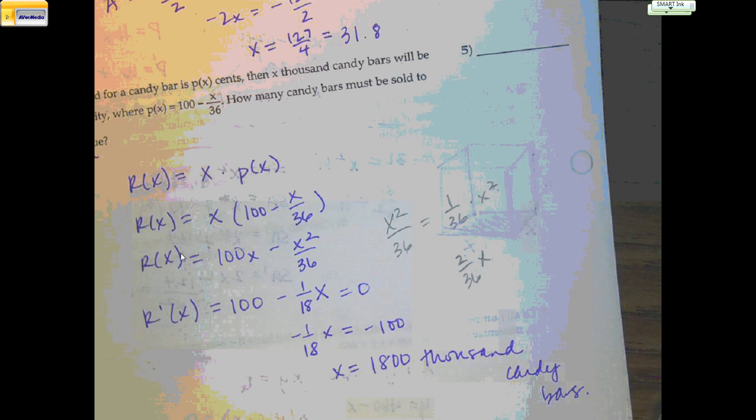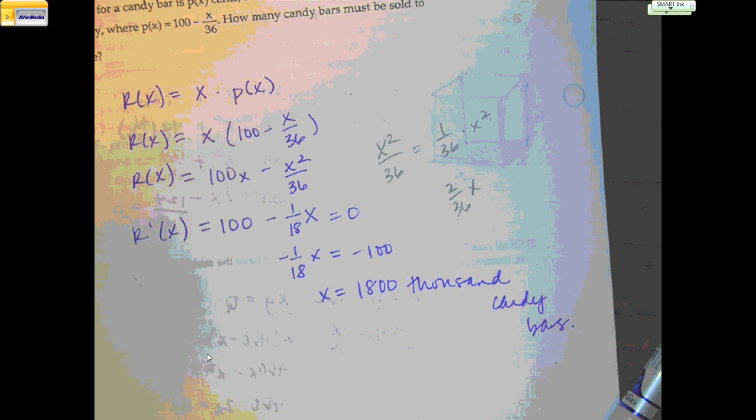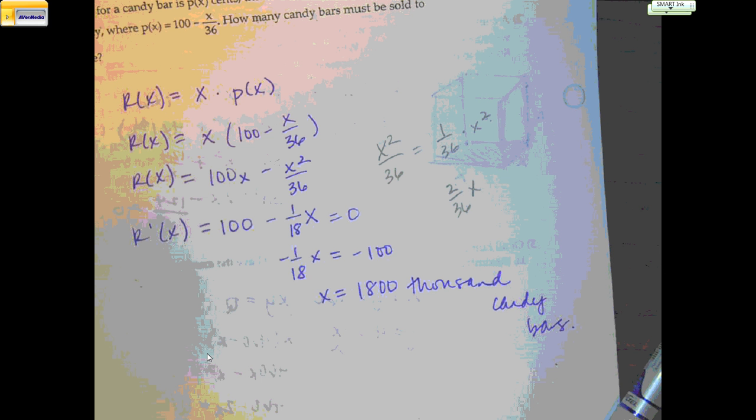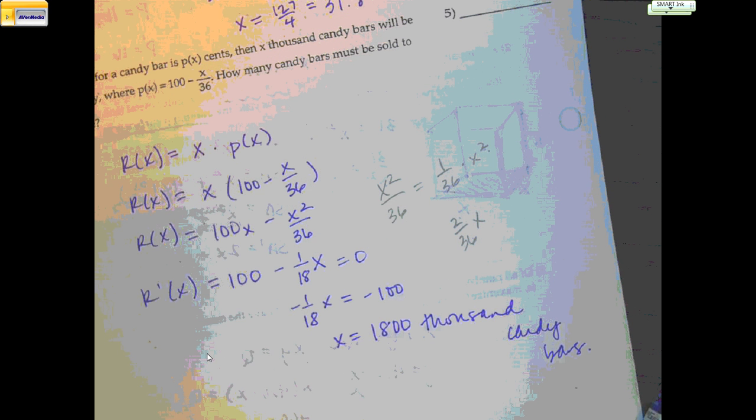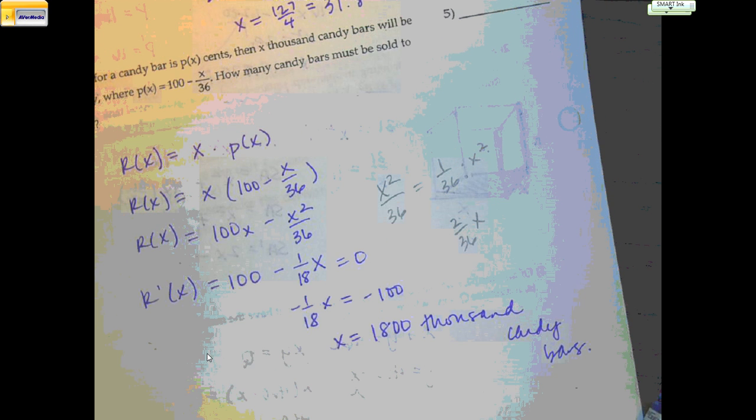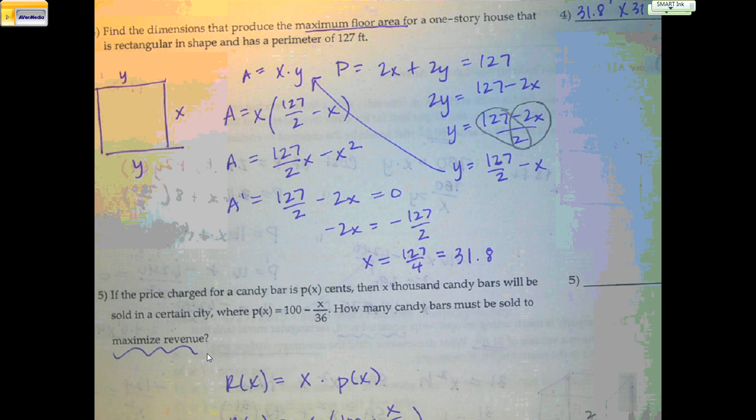Yeah, it is. Which is the same as 1,800,000, isn't it? If you add 3 zeros, it's the same thing as 1.8 million. It is weird to say that. 1.8 million would make more sense, but they say x thousand. So I just left it like that.